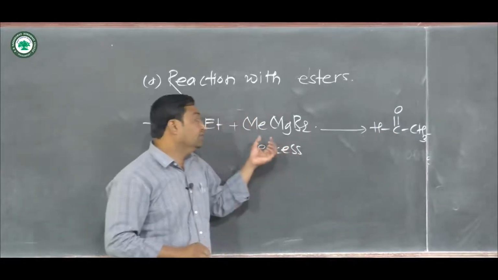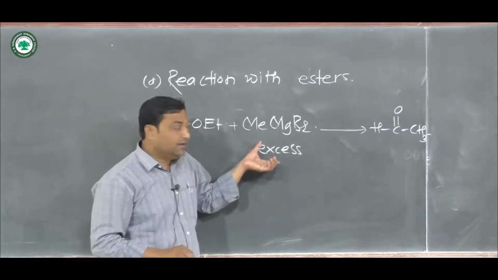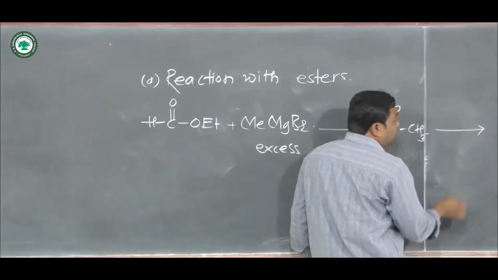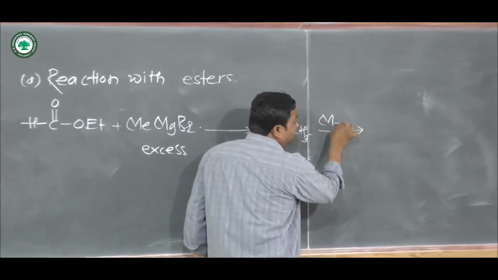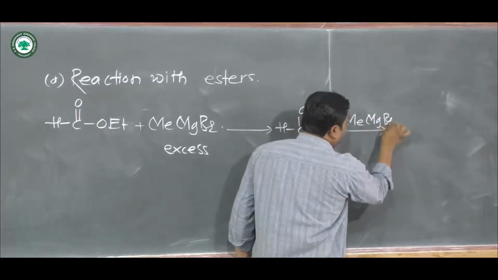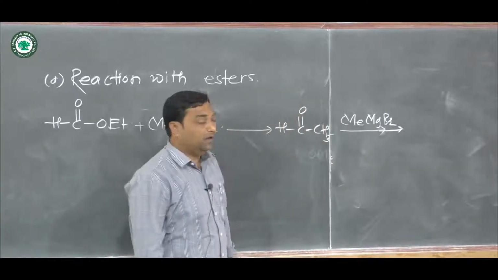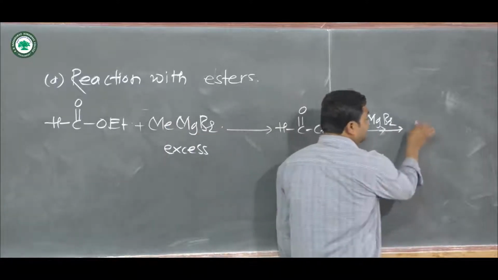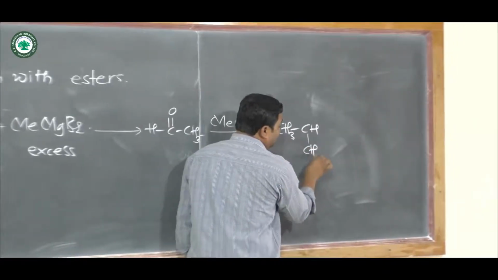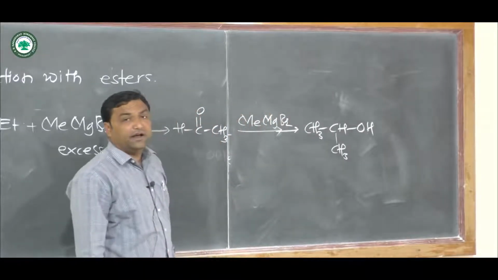When we use this Grignard reagent in excess, then the reaction stops at the alcohol level, that is formation of secondary alcohol here.